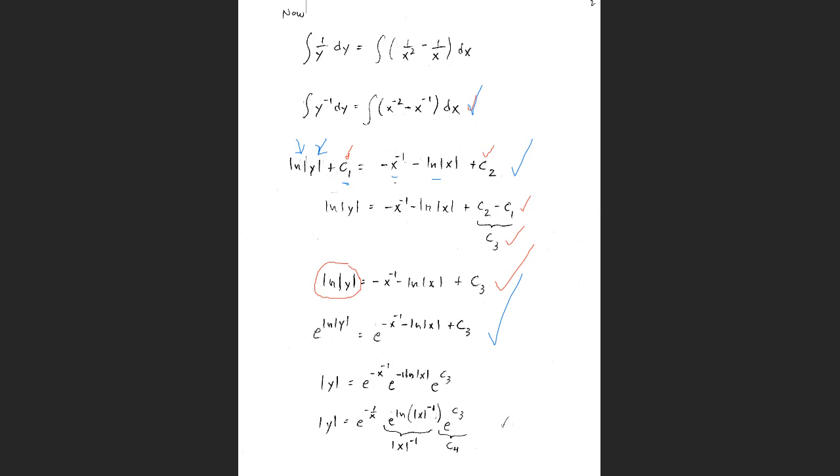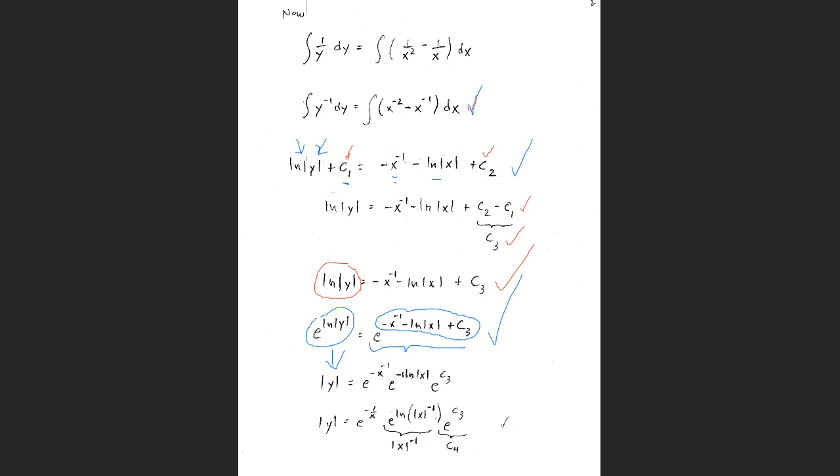And now that's going to remove the log, so e to the log of the absolute value of y just gives you the absolute value of y. But on the right side, we're taking e and raising it to this power here: negative x to the negative first minus the log of the absolute value of x plus c3.